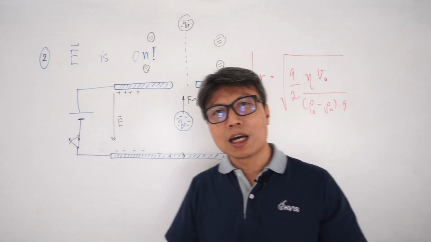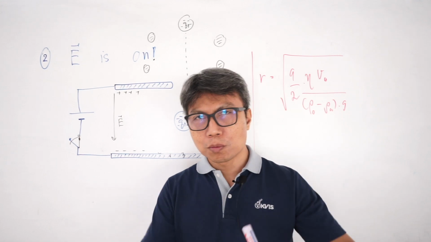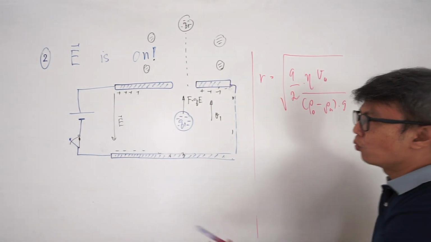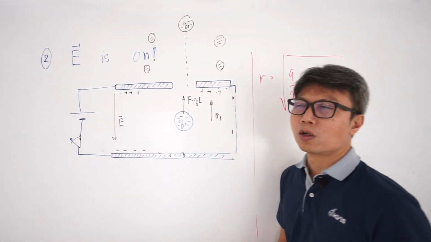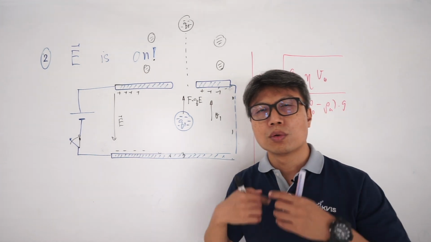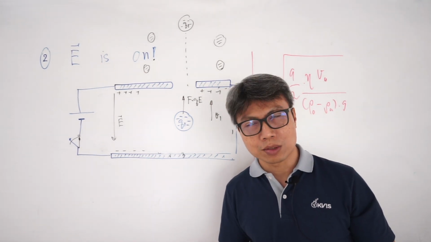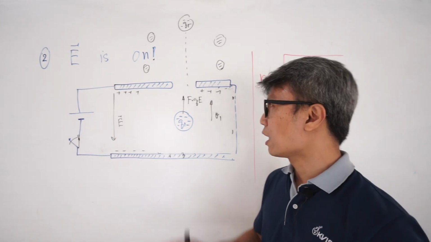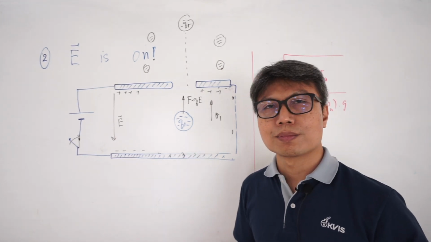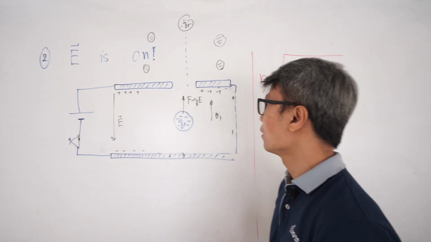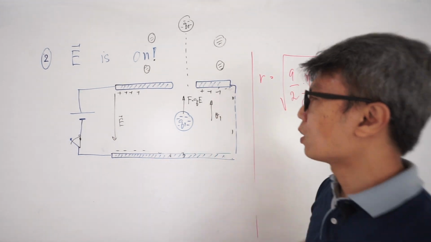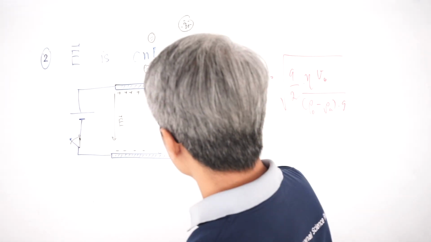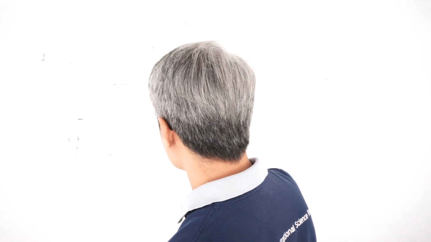Okay, may I ask you a question? From this system, when the electric field is turned on, if we want to write down the free body diagram in this step, which forces are acting on this oil drop? Definitely, in any way the oil drop is under the effect of gravity.